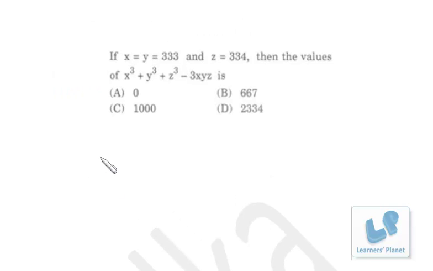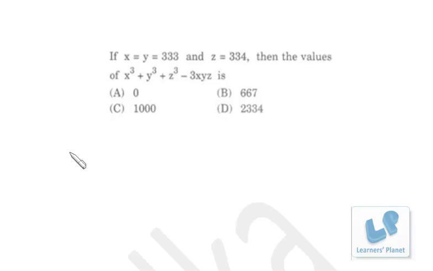Now let's try this problem. Here x and y, both of them are given as 333 and z is given as 334. We have to find the value of x cube plus y cube plus z cube minus 3xyz. Obviously a very big expression. If you put the values of x, y and z in this given expression, it will really be a time-consuming process, right?